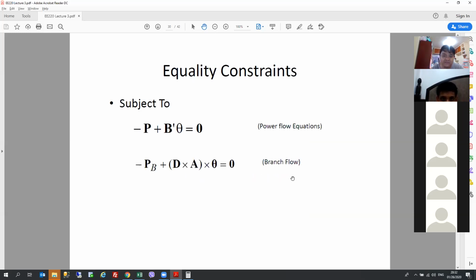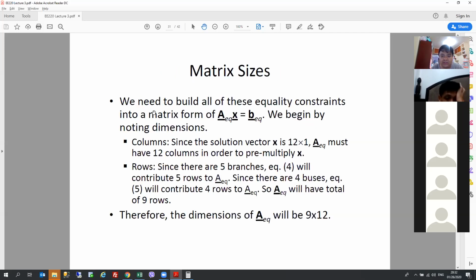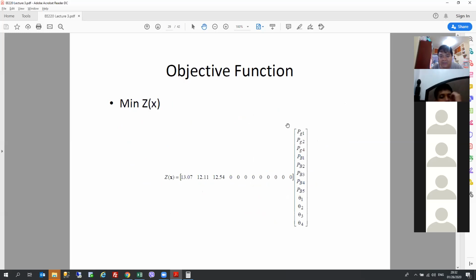Okay. Now, this is your equality constraints. How do we translate ngayon yung power flow na A equivalent X times B equivalent? So ilan po ba yung unknown natin? Balik tayo. P1, 2, and ano ba yung power ni generator 1, 2, and 4? Ano yung power flow sa branches 1 to 5?